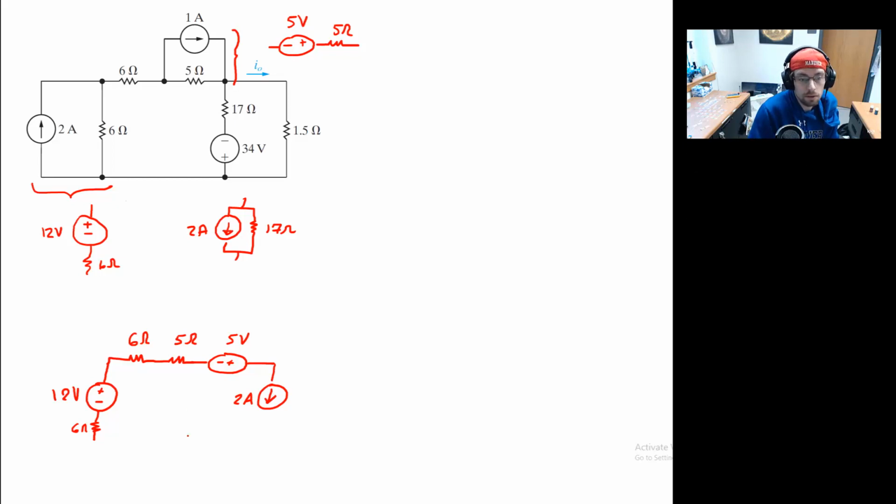Should be down. Down. And we have a 17 ohm resistor. And then we have finally our 1.5. And I'll leave that open right there just to remind us that that's where our connection's supposed to be. This comes down.